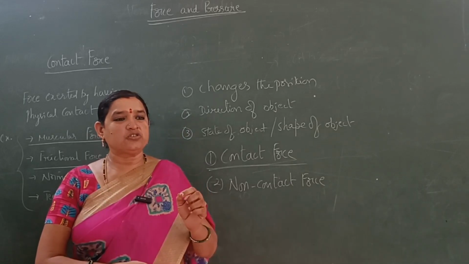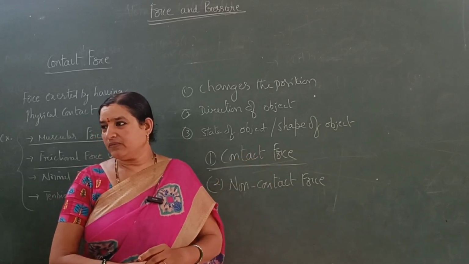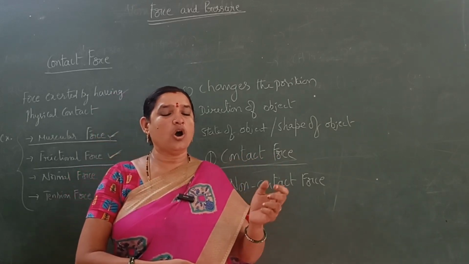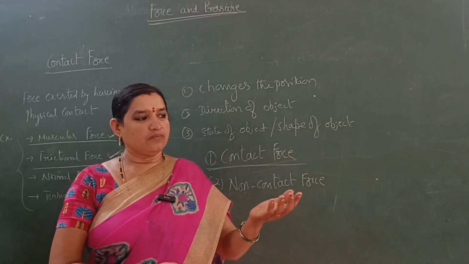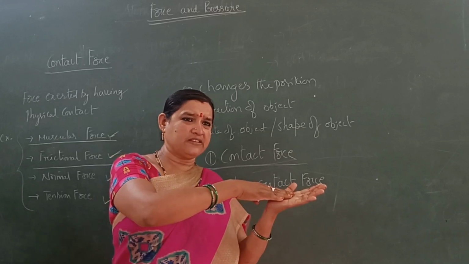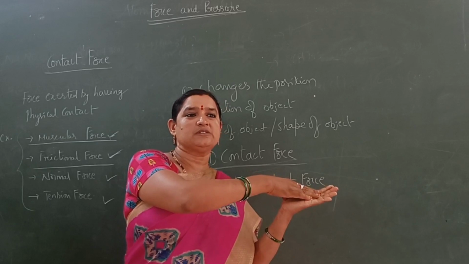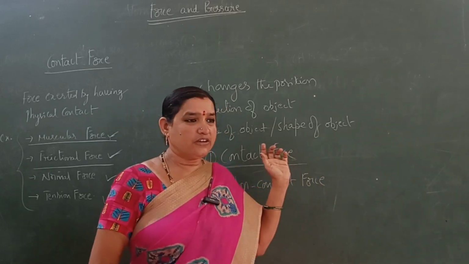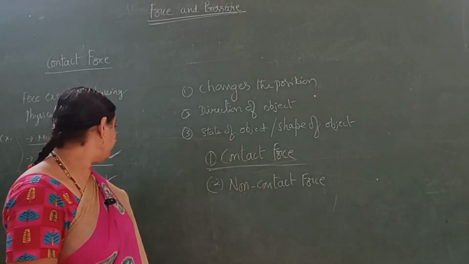This frictional force always acts against the applied force, means it always works in the opposite direction to the applied force. If a body is moving on one surface, the other surface opposes the relative motion of this body, that is called frictional force. In another chapter we will discuss friction deeply.